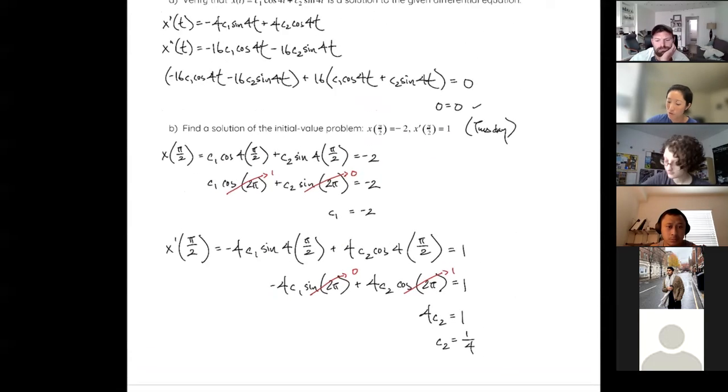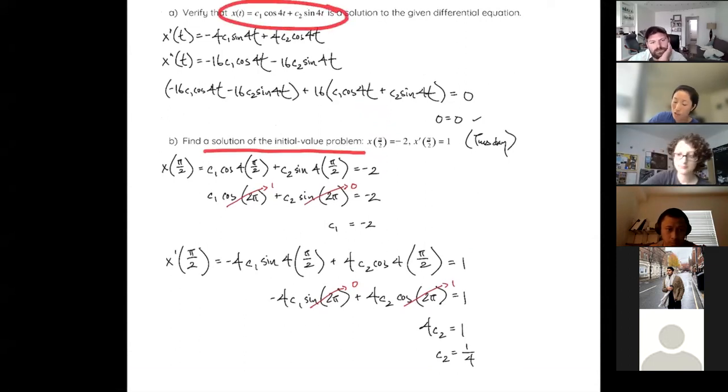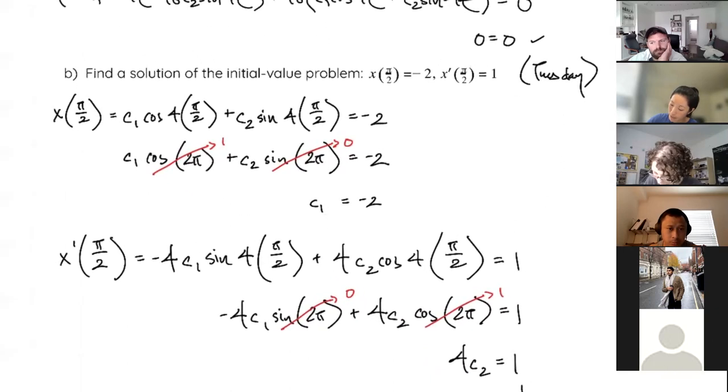And so in order to write our solution of the initial value problem, we're just going to copy our general solution, but everywhere we see a C1, we're going to put -2, and everywhere we see C2, we're going to put 1/4. And so I'm going to zoom back in.